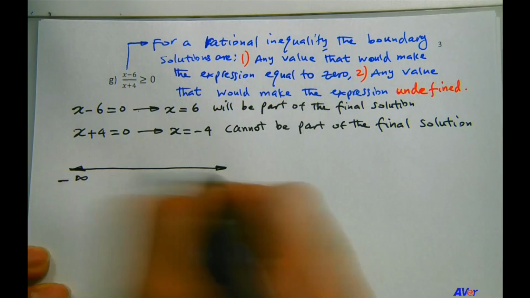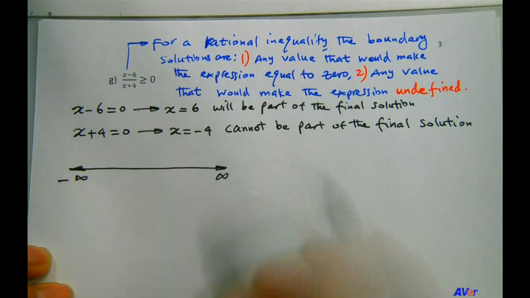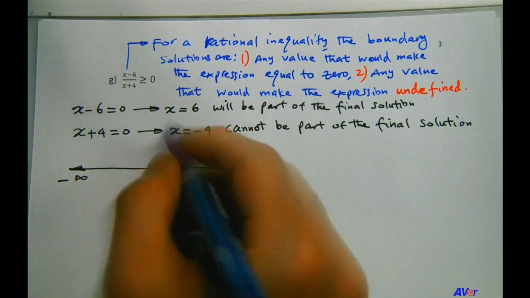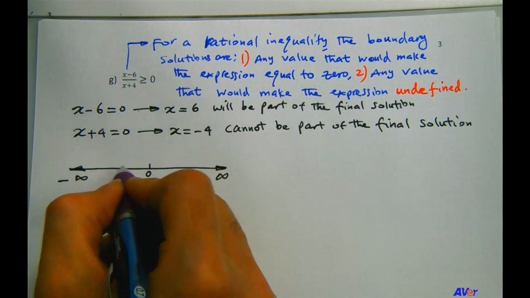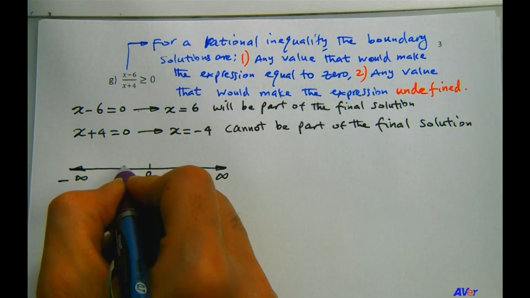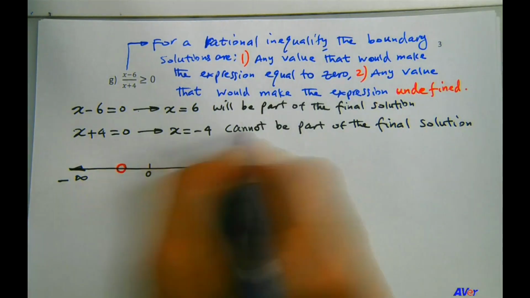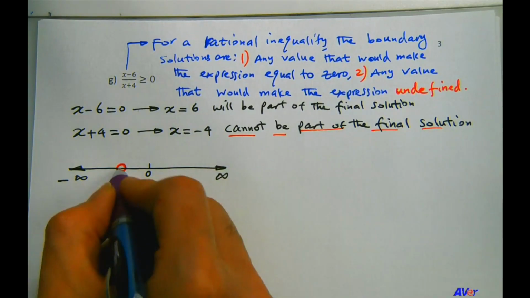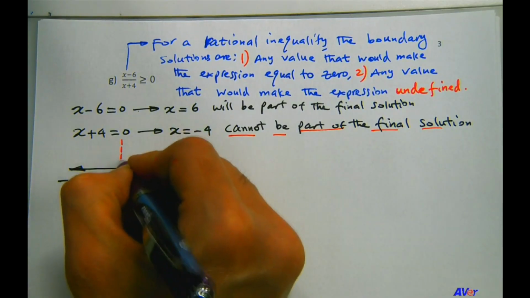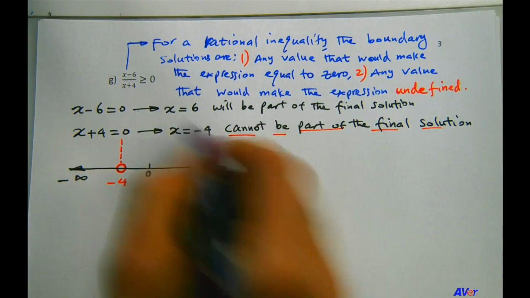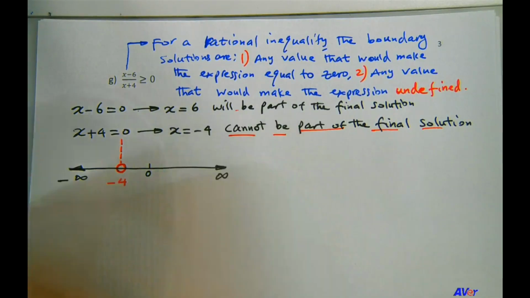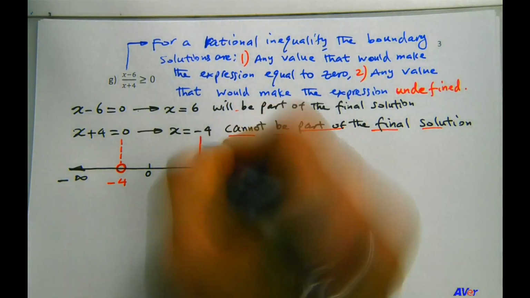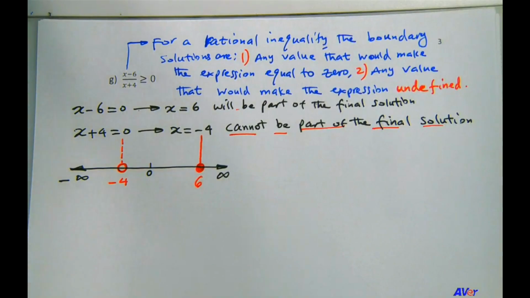I'm just drawing it to make it clear what we're doing. So negative 4, let's say somewhere here. And I'm going to put a hollow circle, right? Cannot be part of the final solution. So hollow circle and a dashed line. And 6 will be part of the solution, so I'm going to put a filled-in circle here and a solid line on top of it, and that's that.